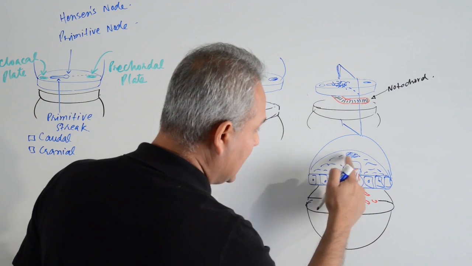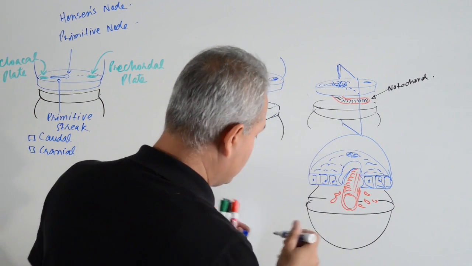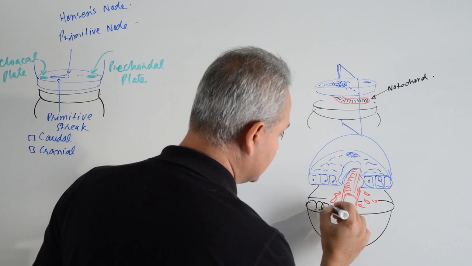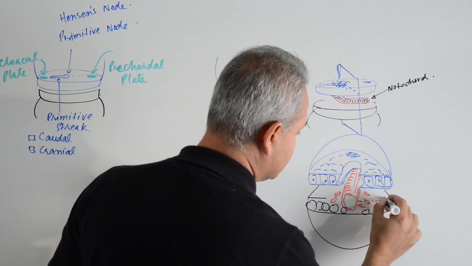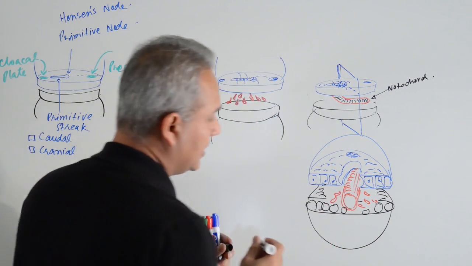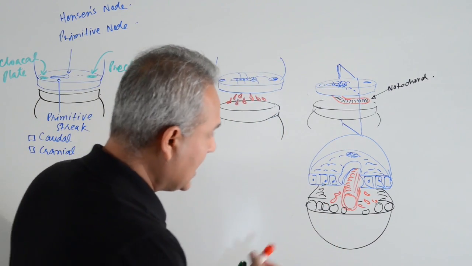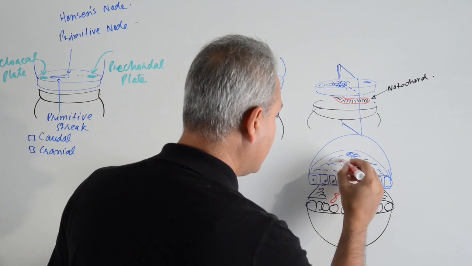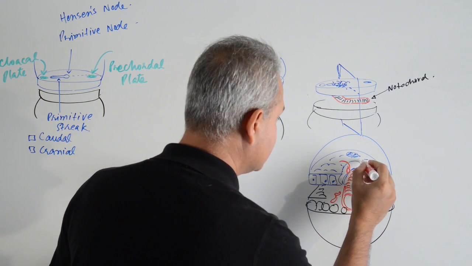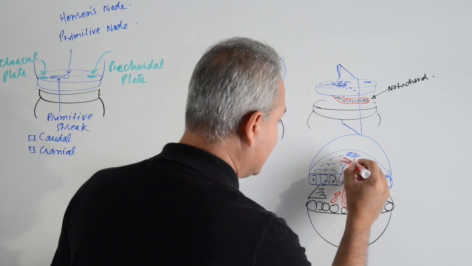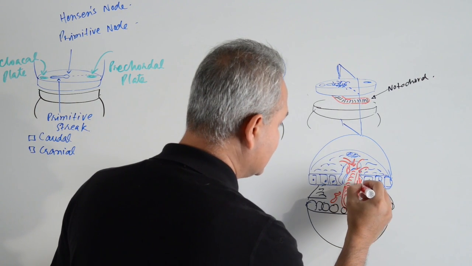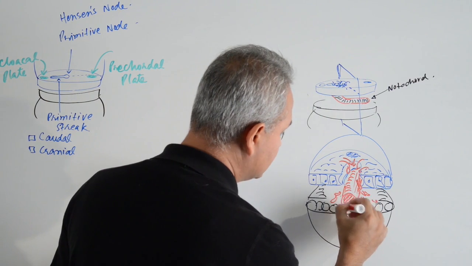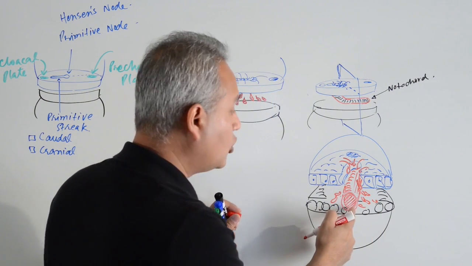Now this is the epiblast. Of course, the lower one is the hypoblast. These are the hypoblast cells. Between the epiblast and the hypoblast, the cells that migrated from above, the bottle cells that came down, have formed, number one, this structure, which is called the notochord.